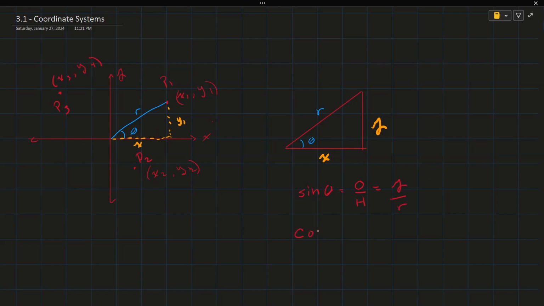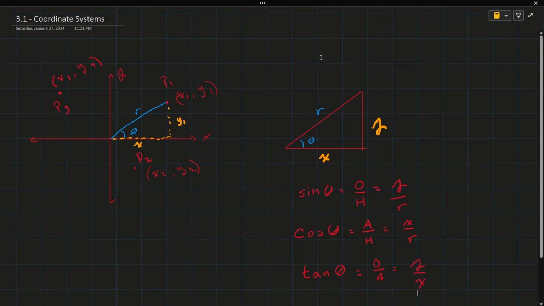And same thing, we can use our cosine theta value, which is adjacent over hypotenuse, which would be x over r, right? And then finally, we also have tangent, which will come in handy for finding our actual theta value, right? Tangent theta is opposite over adjacent, which in this case is going to be y over x.